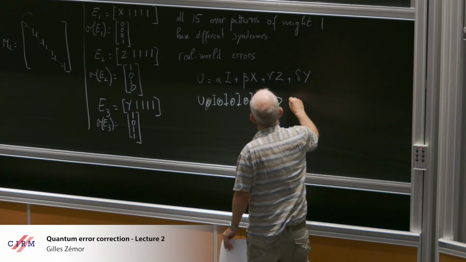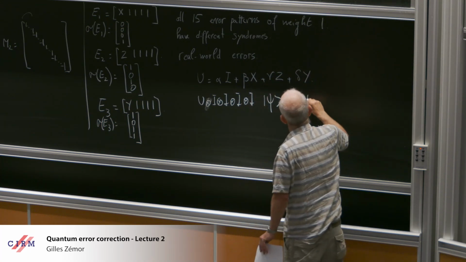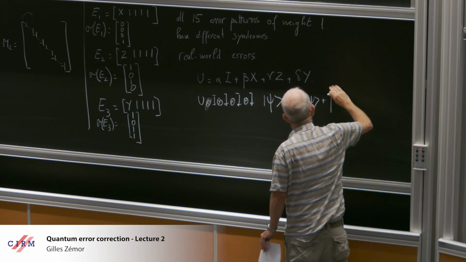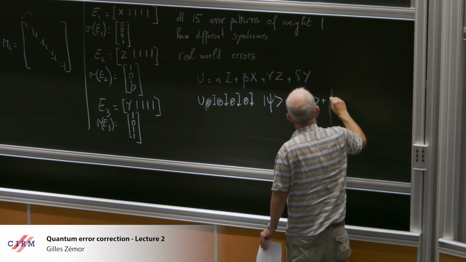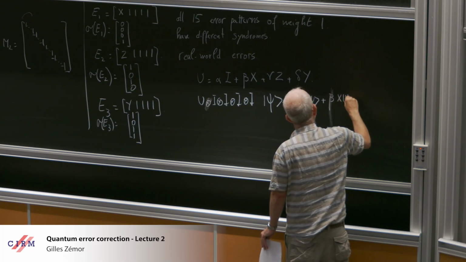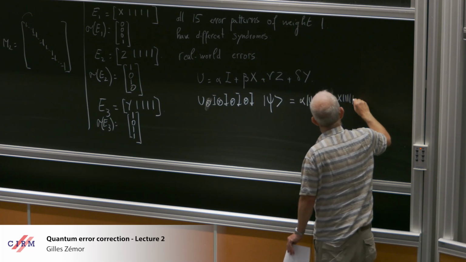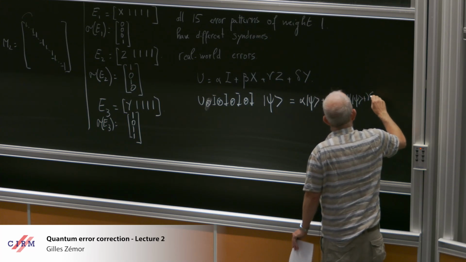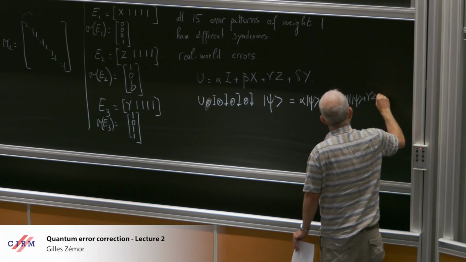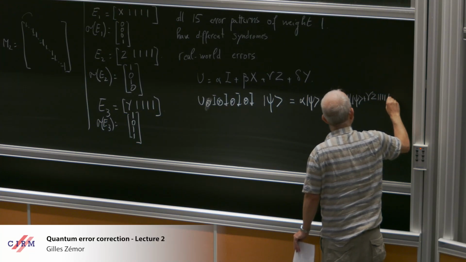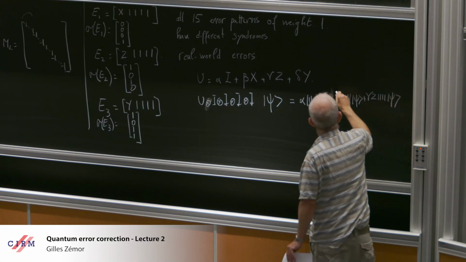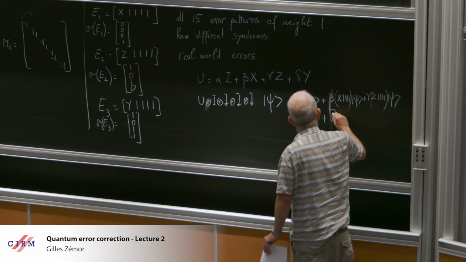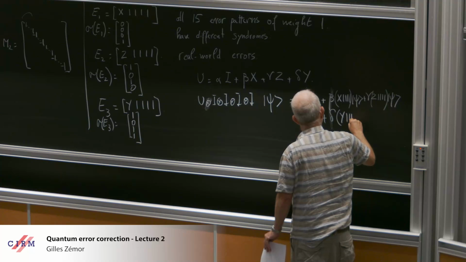So this decomposes into alpha psi plus beta X1 1 psi plus gamma Z 1 1 1 psi, using little shorthand, plus delta Y identity psi.